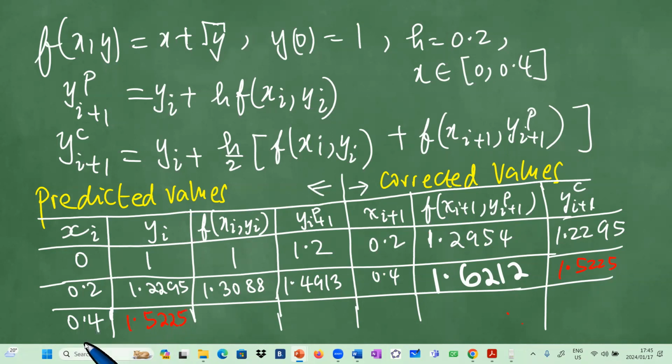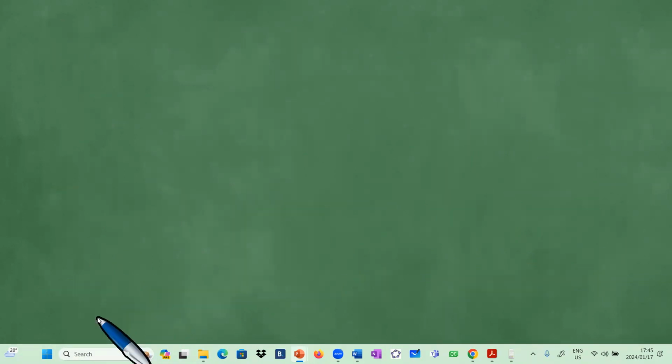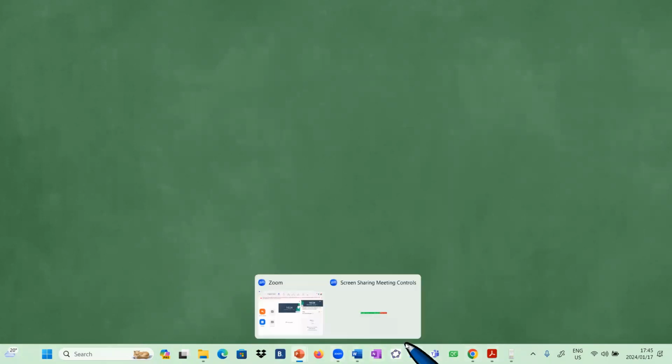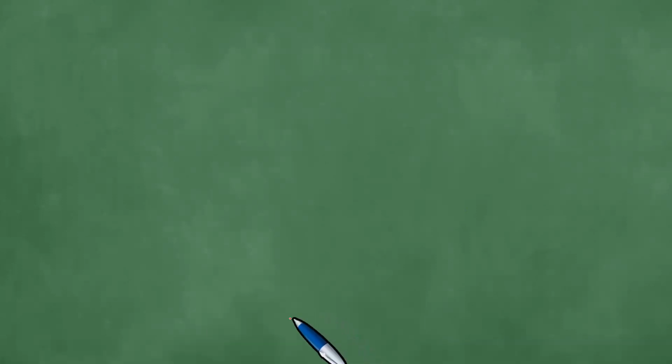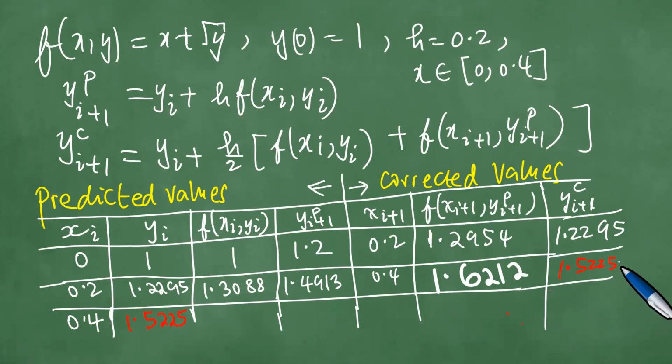And therefore, what does this mean? It means therefore that, just in case somebody has this red color, 1.5225 here is the value that we get, but we get it at 0.4 for the corrector, and we use it to initiate the process to get the rest.